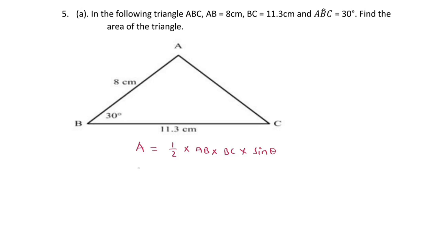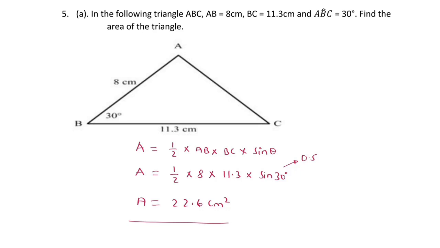Our equation is going to be area equals 1 over 2 times 8 times 11.3 times sine 30 degrees. We have to know that the value for sine 30 degrees equals 0.5. Solving the values, our area is going to be 22.6 centimeters squared, and this is the area of the triangle required.